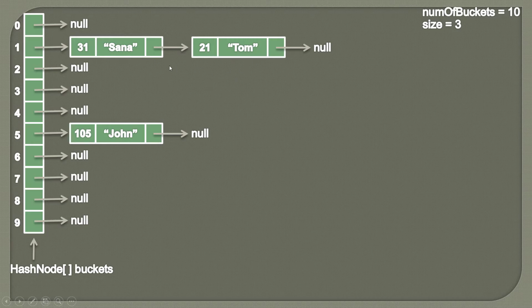As previous is pointing to this node, we have to break this link and make a link from this node to current's next, because we don't want to remove the nodes after that. So we simply assign current's next to previous next. This link will go away and this link will point to current's next, which would be the leftover nodes after we remove this node.